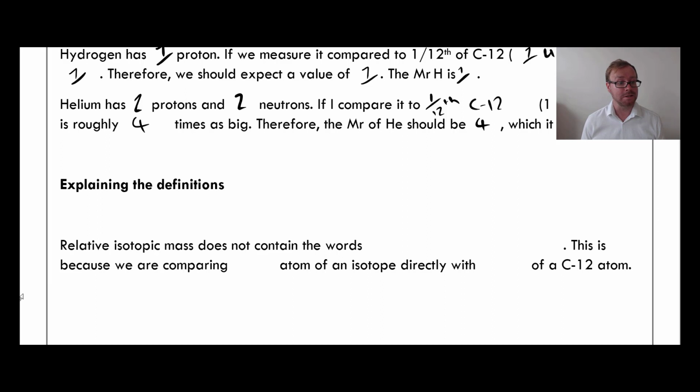So, relative isotopic mass does not contain the words weighted mean mass. And this is because we are comparing 1 atom of an isotope directly with 1/12 of a carbon 12.